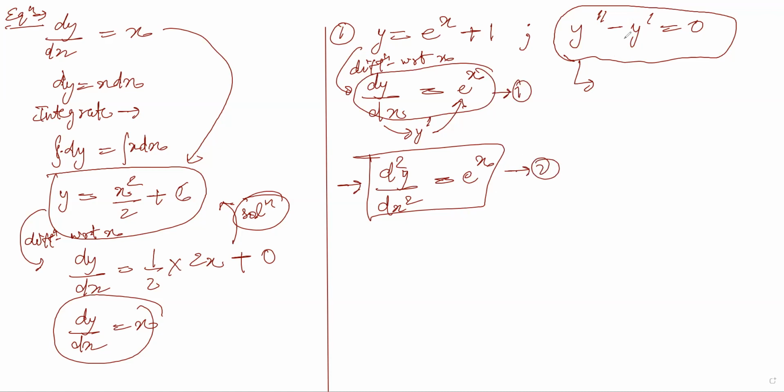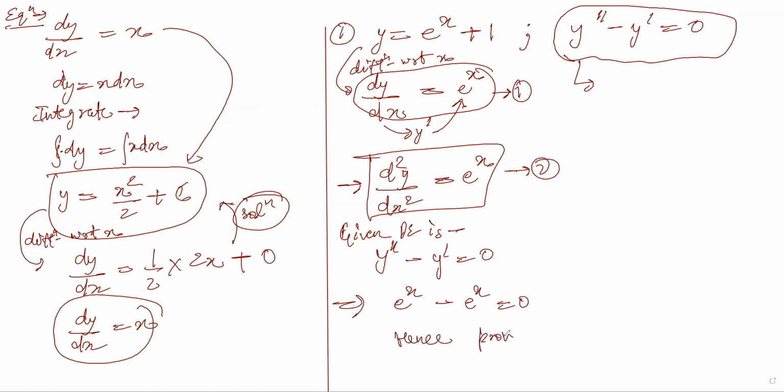So if we use that in the given differential equation, y double dash minus y dash is equal to 0, we have y double dash as e to the power x minus y dash as e to the power x, which is 0. So this is the easiest method through which you can verify your given solution as the solution of the differential equation, right?